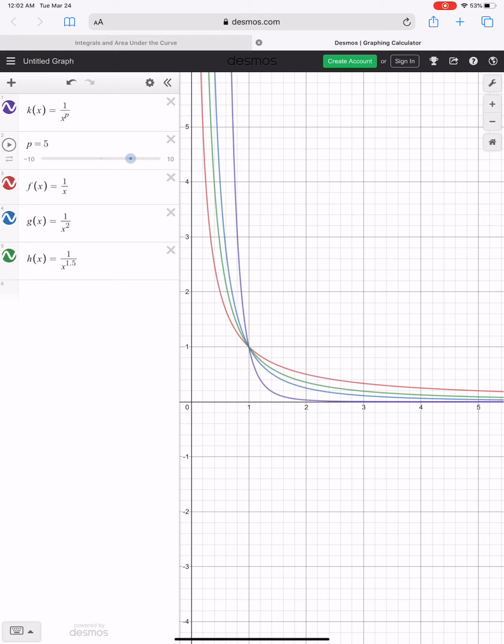And lastly, I'm asking you to investigate another family of functions, the functions where we have an exponential with a negative power here. I'd like you to go ahead and work through that.